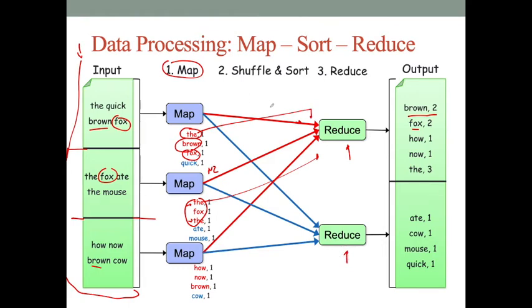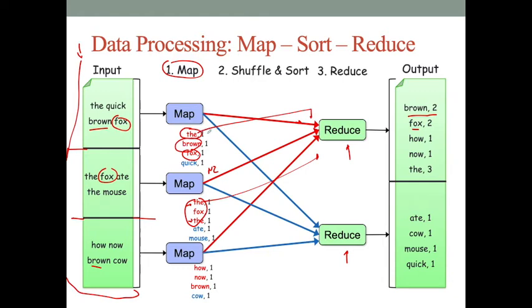Something important is that the sort phase is going to separate depending on the number of reducers, but all the key values elements with the same key are going to appear in the same reducer. That's something important.